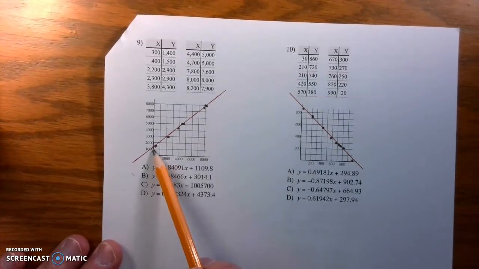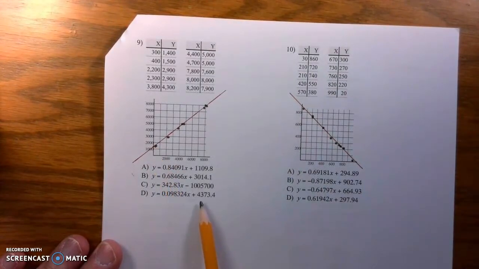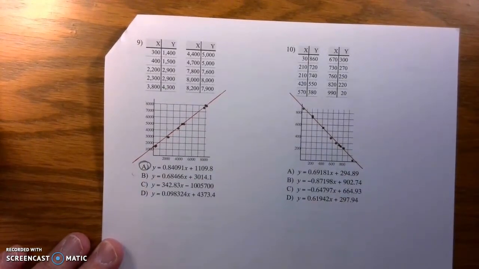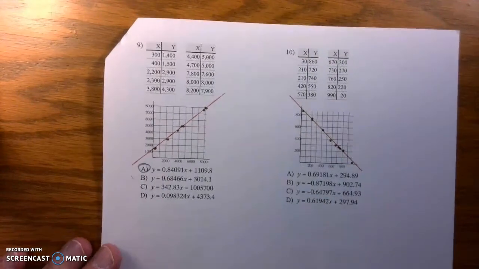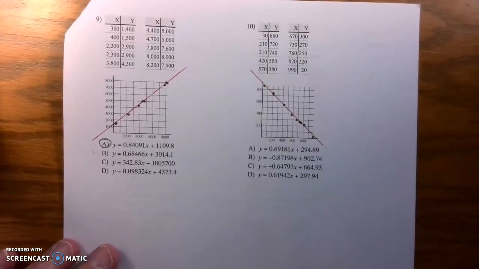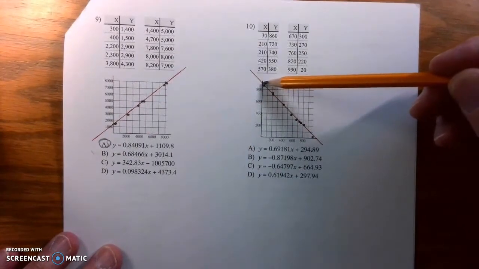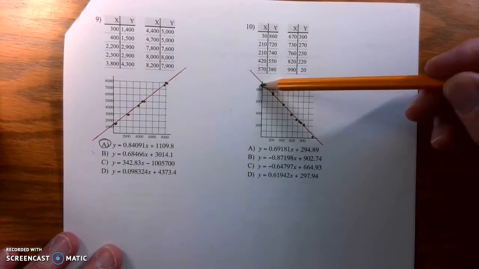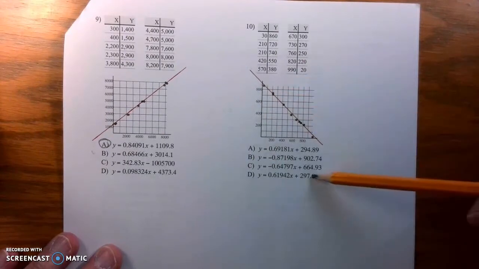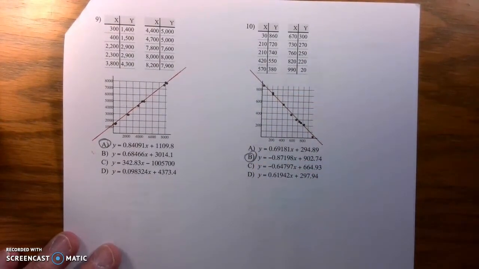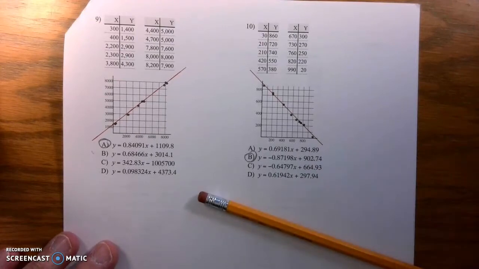It's between 1,000 and 2,000. Right here, 1,100. All right, last one. 800, 900. Right here, 902. All right. Guys, that's how you do those, okay?